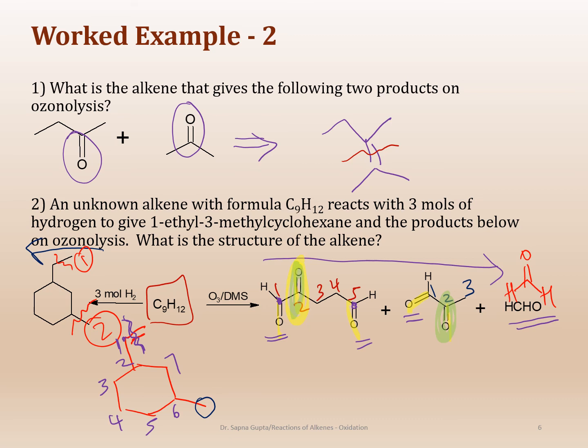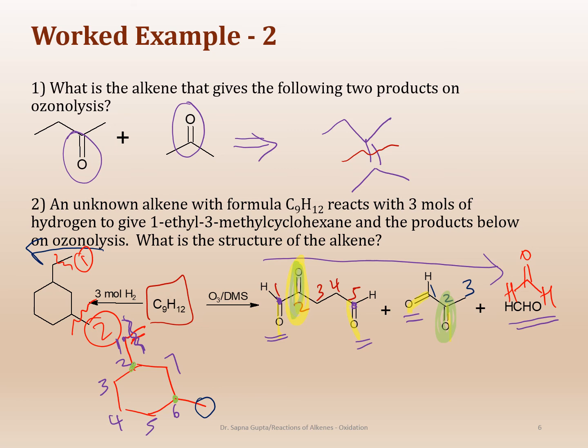The only carbons where I have more substitution are carbon number 2 and carbon number 6. Those are the only 2 carbons which can give me ketones, because those are the highly substituted carbons. All right, so which means that I can have a double bond on 3 and 2, or 2 and 7.